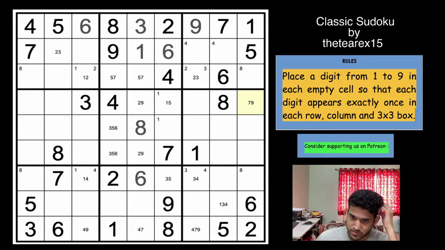What are we missing here? This should have become easy by now. Yes, 9 is looking at this cell. So in row 9, we marked an X-wing at the start, so 9 could be placed here, which means this is 4, 7. And looking at this 9 now.